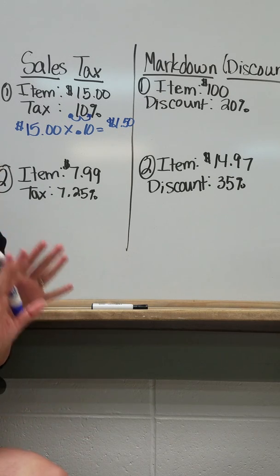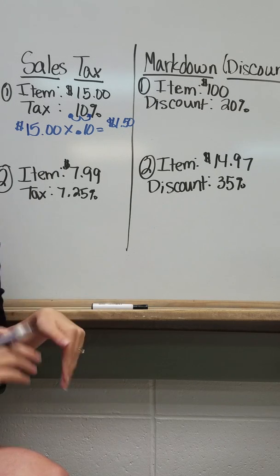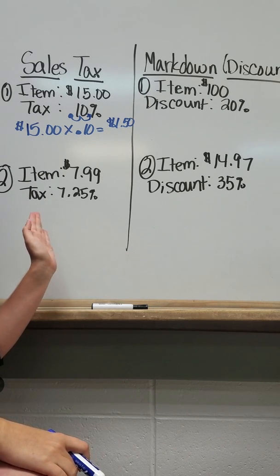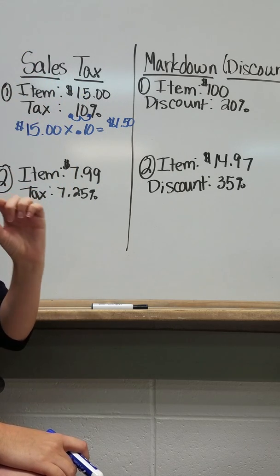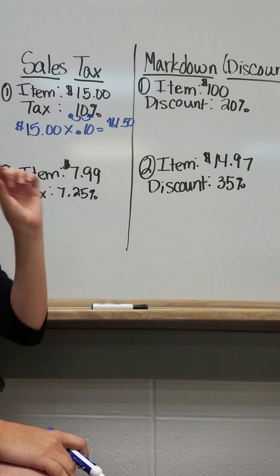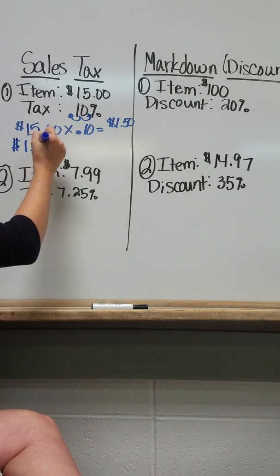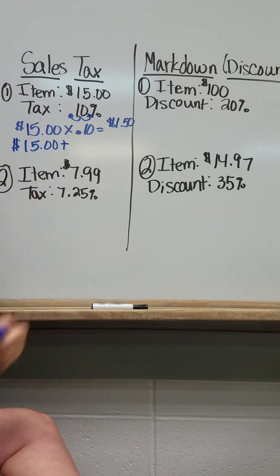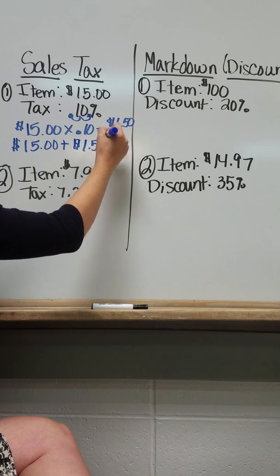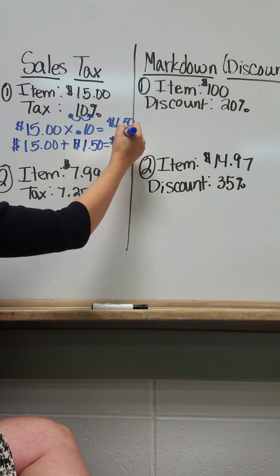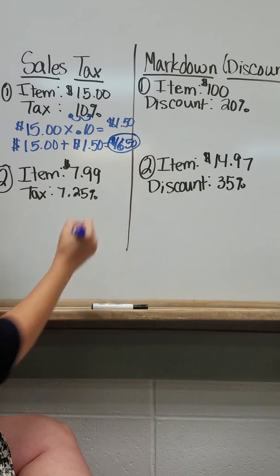But remember, we talked when we were doing our vocabulary booklets that we don't stop there. We do our multiplication, and then we have to either add or subtract. Today, with sales tax, imagine we're at the bottom of our receipt. That sales tax is going to get added. So I'm going to take my $15, my original item, because I still have to pay for that, and I'm going to add my sales tax. $1.50 equals $16.50.